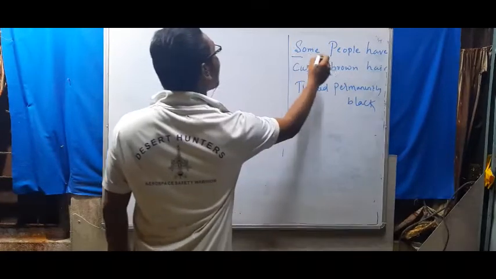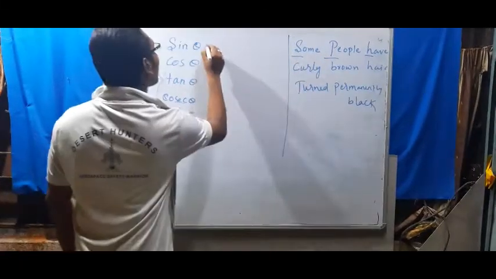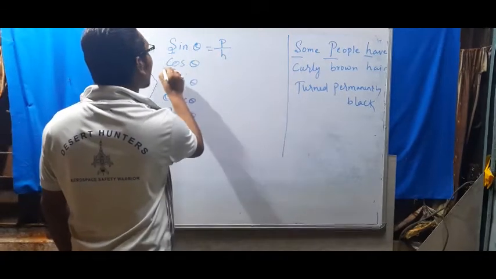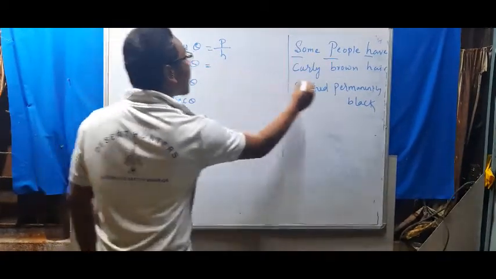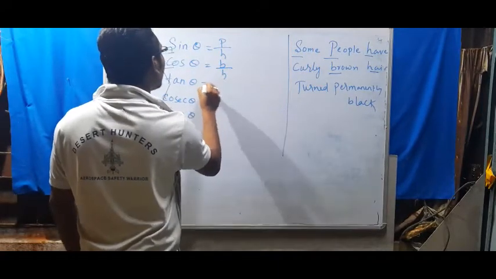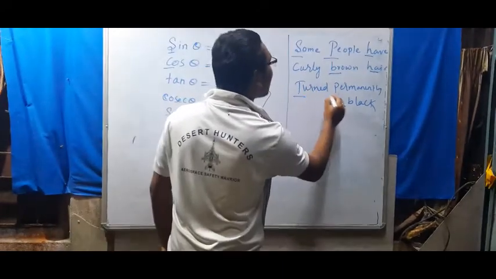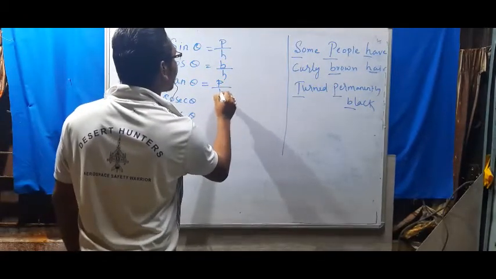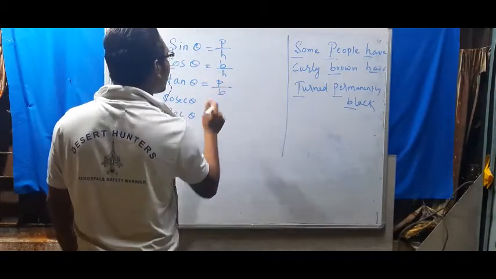So sin theta, Some People Have, P by H. Cos theta, Curly Brown Hair, B by H. Tan theta, Turned Permanently Black, P by B.